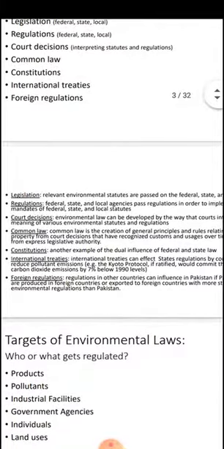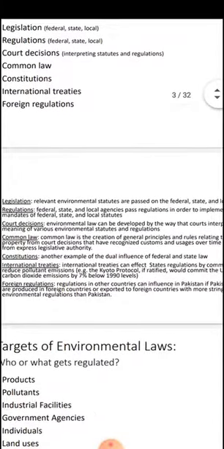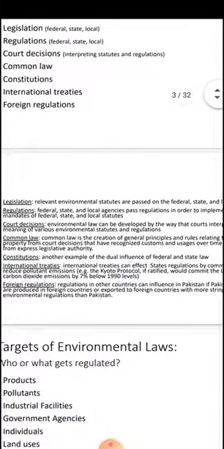Then we have common law. Common law is again a description of something which is being decided by the court, and in some cases the court is actually going to give totally new instructions.